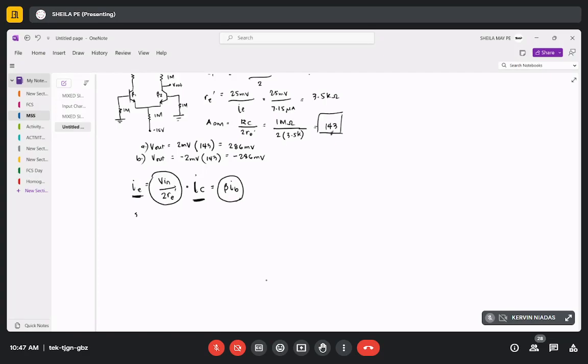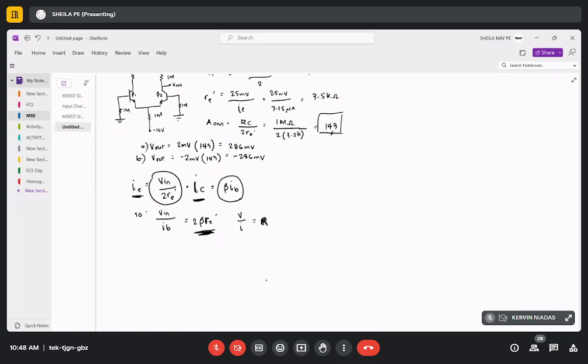So now, Vn over IB is equal to our 2 beta Re, gimanipulate na na siya class. Given this one, that's our impedance. Remember class, voltage divided by current is resistance.